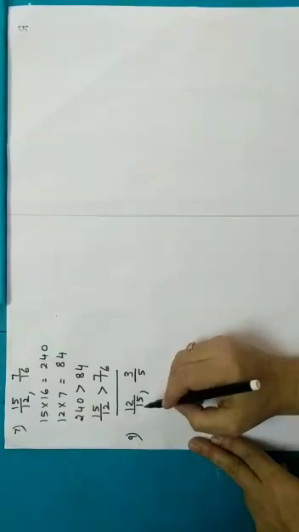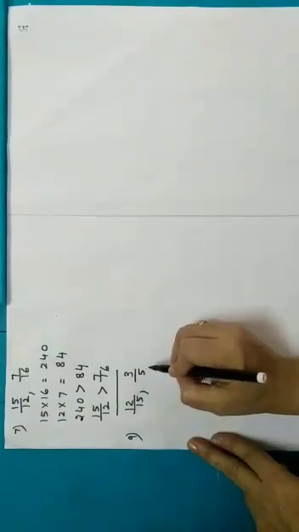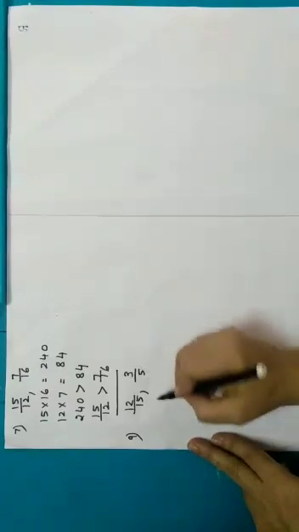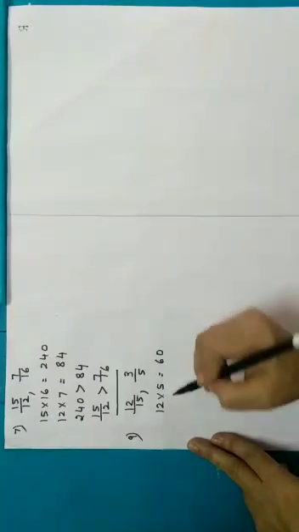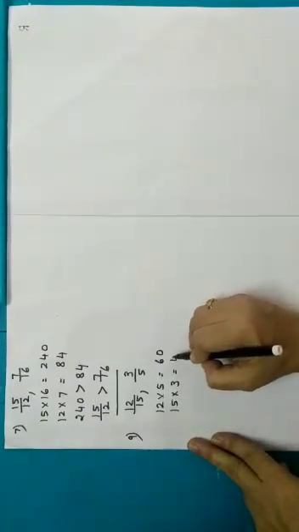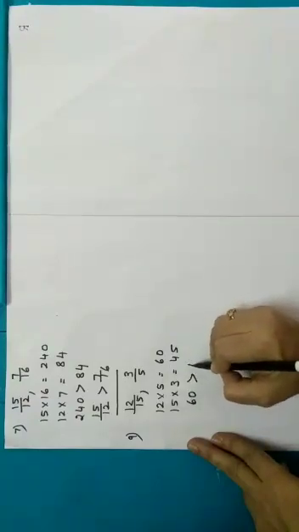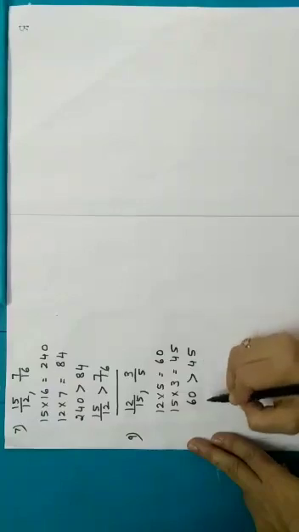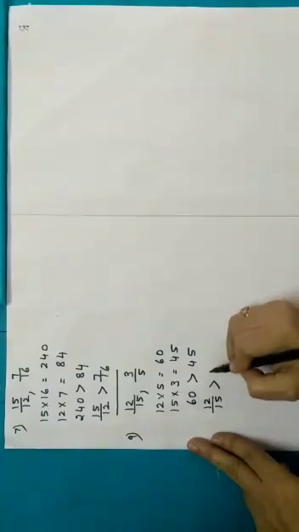As before, 12 upon 15 and 3 upon 5. 12 into 5 is 60. 15 into 3 is 45. 60 is greater, 45 is smaller. That means 12 upon 15 is greater than 3 upon 5.